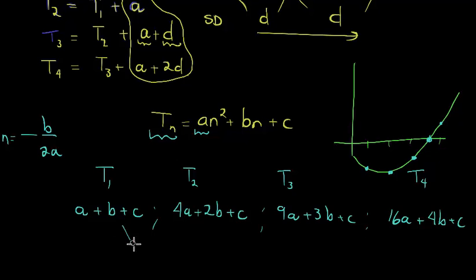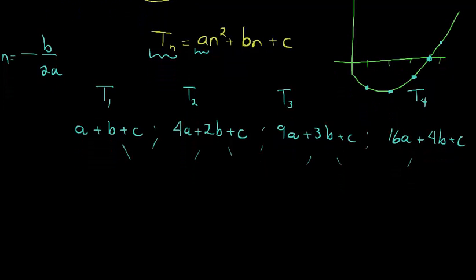So now let's take the constant difference between them. Here, if I take this and subtract that, look what I get: 3a plus b. Here and here, what do I get? 5a plus b.